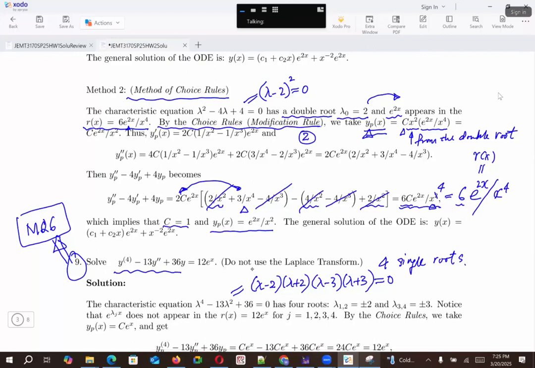And e to the lambda jx does not appear in the R function. So then your choice rule, you just have that form. That simple.